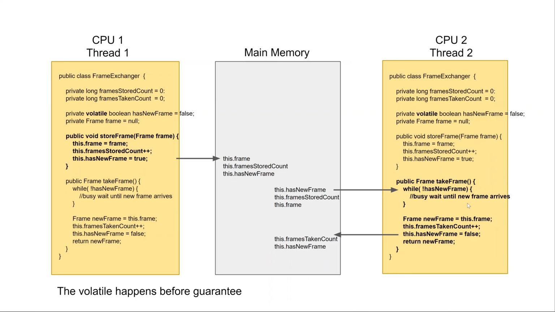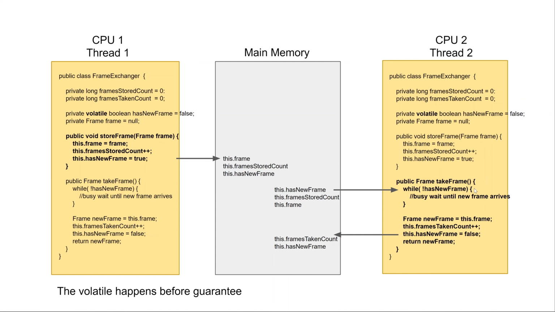Now, in this particular case here, reordering the instructions so that this read of this dot frame happens before the while loop would completely change the semantics of the method here. So this reordering is not actually allowed.